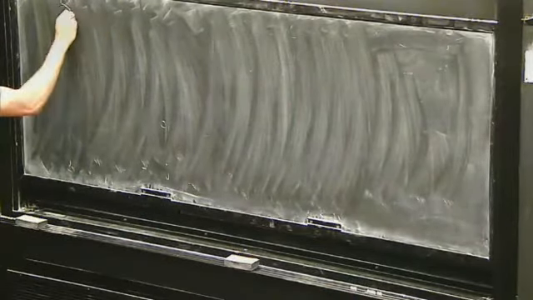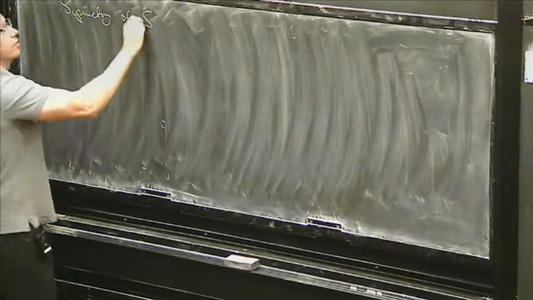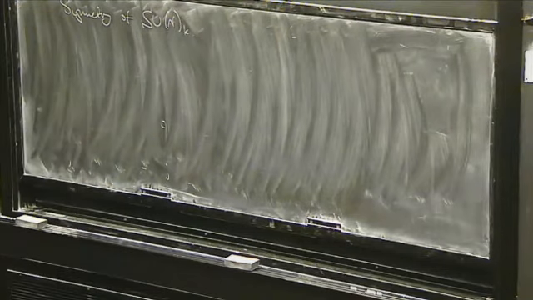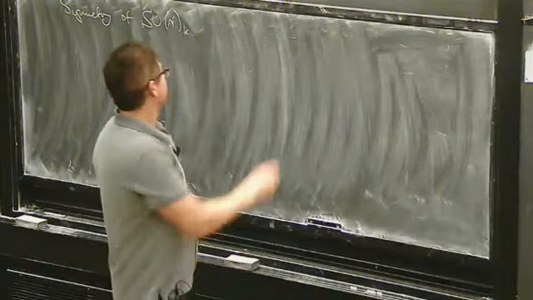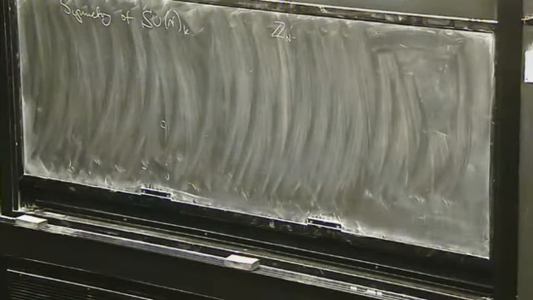So let's now discuss the one-form symmetry of SU(N) level K. Does anybody have a guess? What is it going to be? So the answer is Z_N. This is the one-form symmetry of SU(N) level K, and this is true for any K.